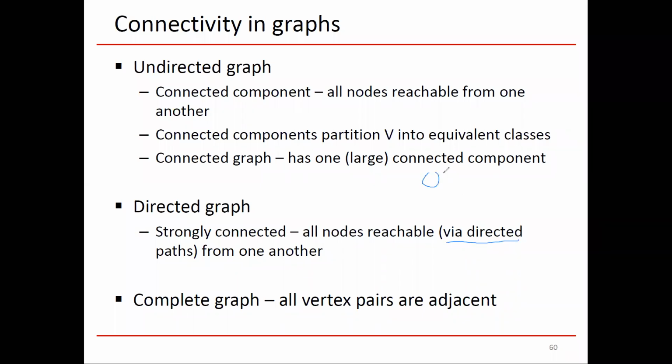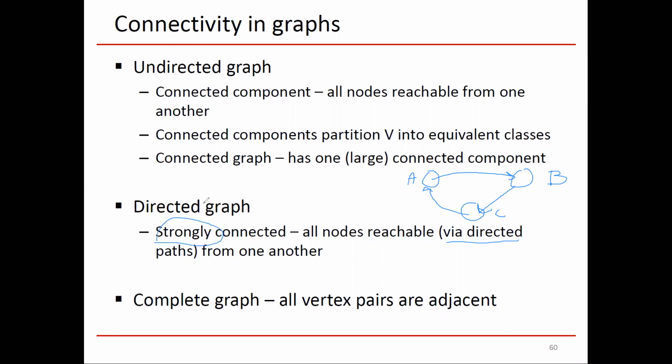So this would be A, and this would be B, and let's say this would be C. If there are arrows from A to B to C, then through this cycle, any of the three nodes can reach any of the three nodes, and it's strongly connected.